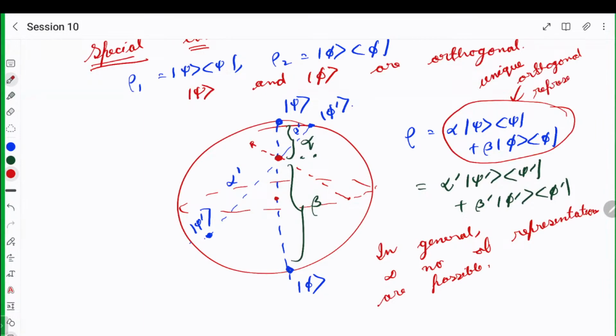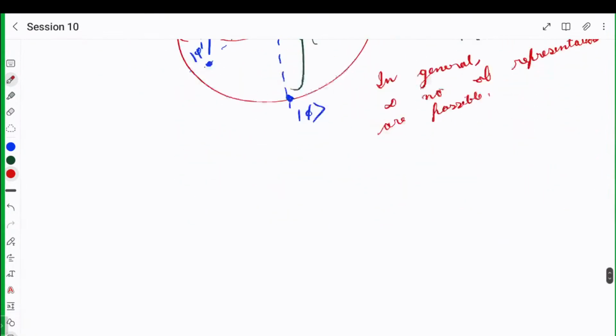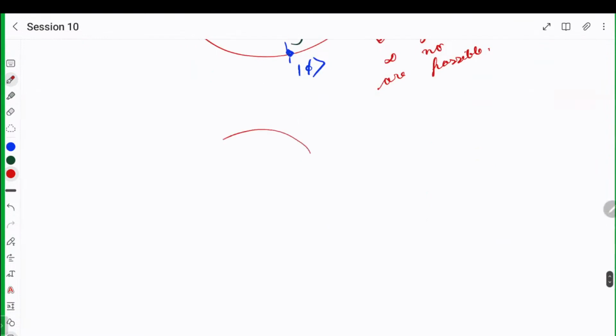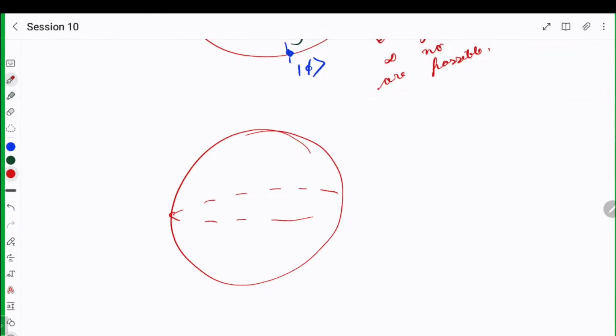Now, this is for a state which is not at the center of the Bloch sphere. As I had mentioned while answering Rajrupa's question, the center of the Bloch sphere is I by 2.